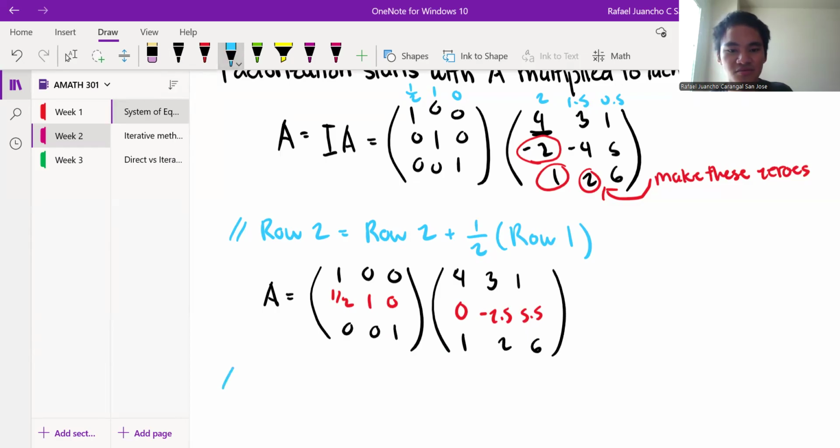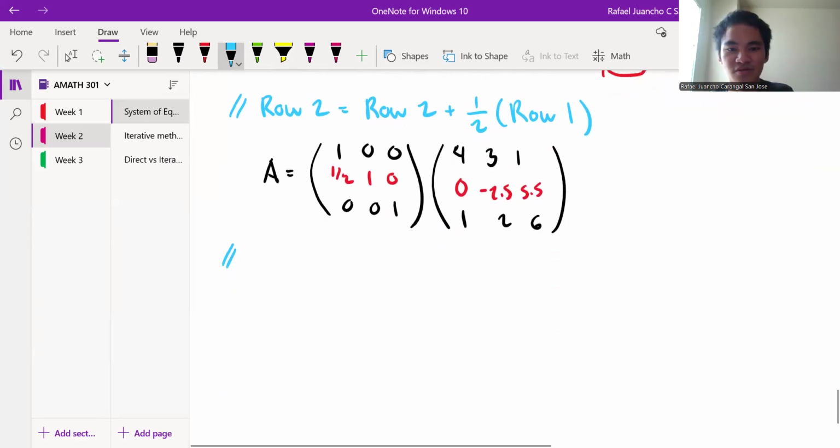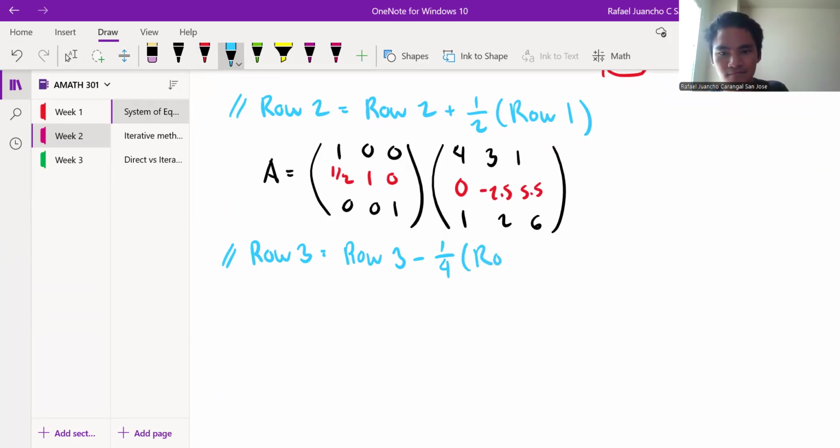Then the next thing I'm going to do is to make my 1, 0. How do I do that? Well, to make my 1, 0, here in my row 3, I need to say, okay, my row 3 is going to be row 3 minus 1/4 of my row 1. So let's quickly do that. If I get 1/4, this will turn into 1, 3 over 4, what is that? 0.75.